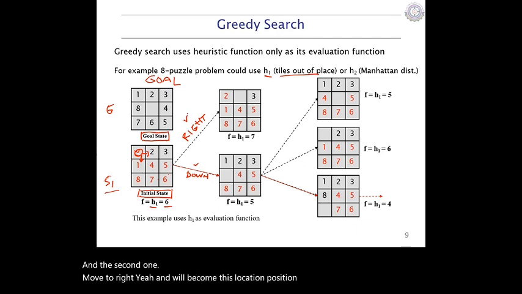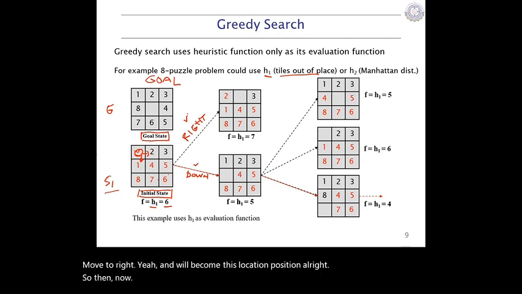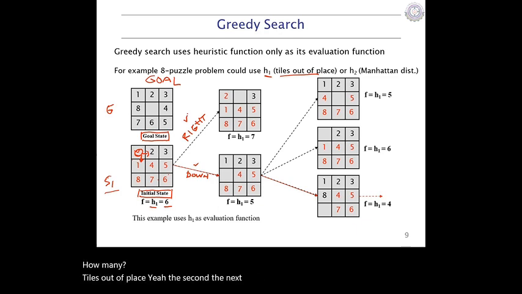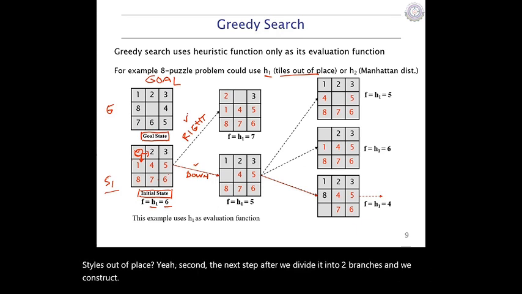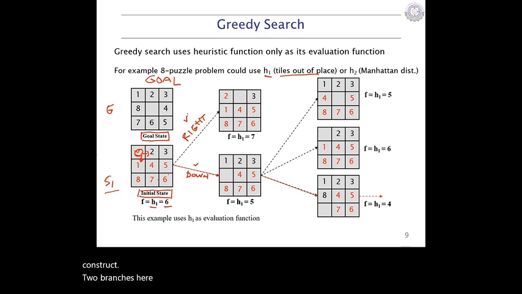All right. So now we find how many tiles are out of place. The next step, after we divide it into two branches and construct the two branches here, the first one down and the second one right, is to calculate the heuristic of this new state.